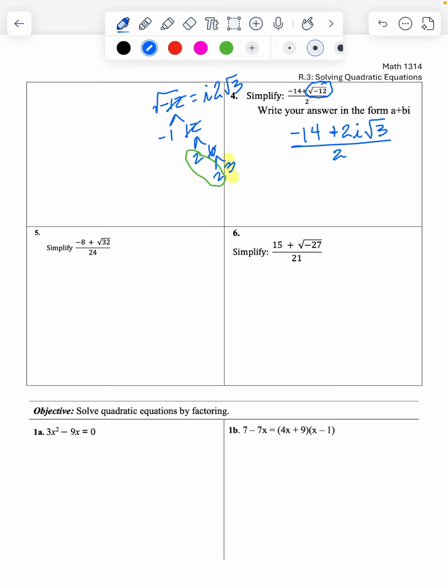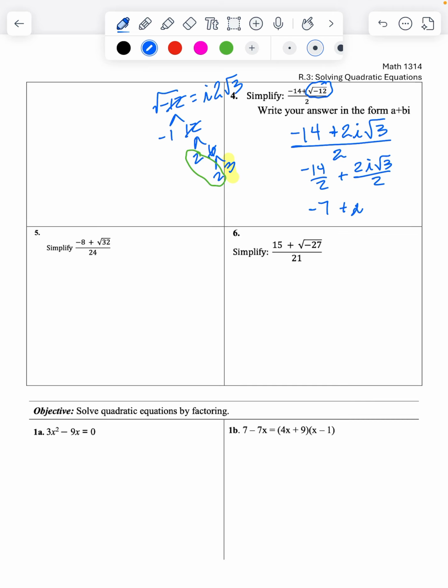So negative 14 can be divided by 2, and 2i times the square root of 3 can also be reduced by 2, so you can separate it. Instead of keeping it all together, negative 14 divided by 2 is negative 7, and 2i times the square root of 3, outside numbers reduce with outside numbers, so 2 divided by 2 is 1.